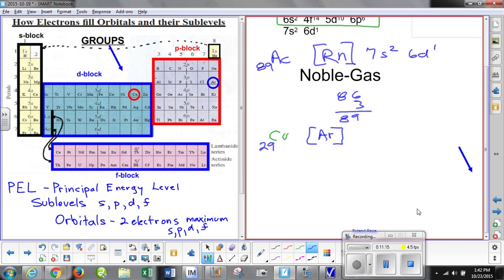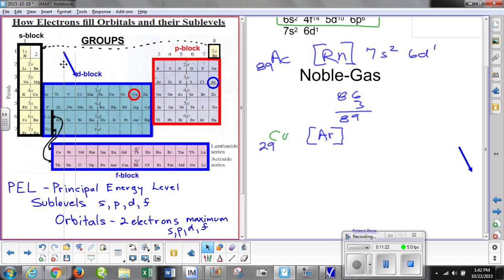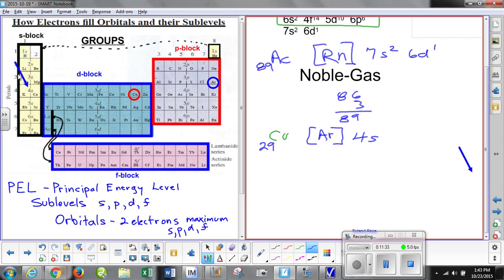Okay, after argon, all we have to do is follow down the chart. So what we're going to do is take this guy and kind of point the way, so to speak. This is the beginning of the line that copper is on. So we start with 4s with how many? 2, okay. And then we're going to get 3d with how many? 9. Right on. Because there's 10 across the line in the D's.